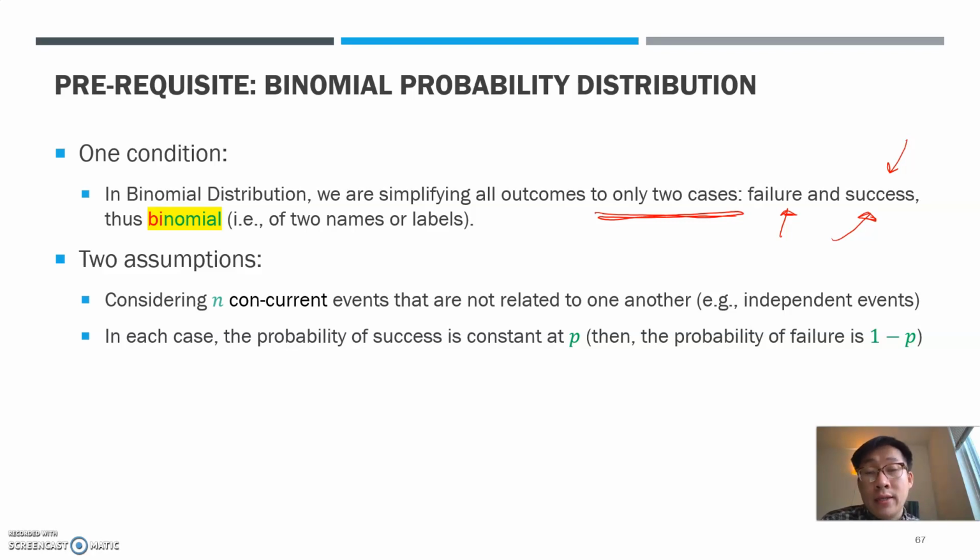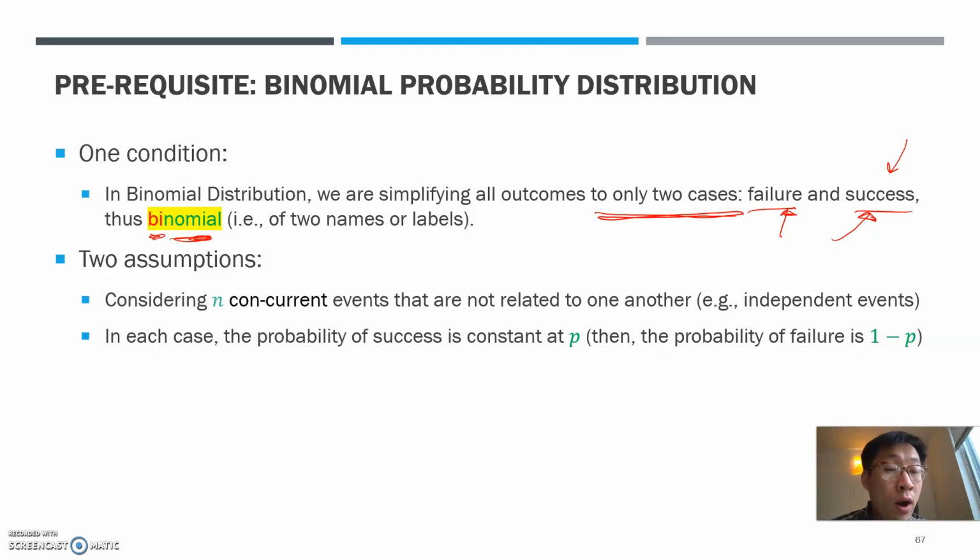Okay, and therefore it is binomial because whatever the outcome, you're only trying to classify them under two different names, success or failure. That's a name you're given to the outcomes. Okay, and then we are considering a situation where you are observing n concurrent events, the events that are happening at the same time that are not related to each other. Okay, again, it is an independence assumption.